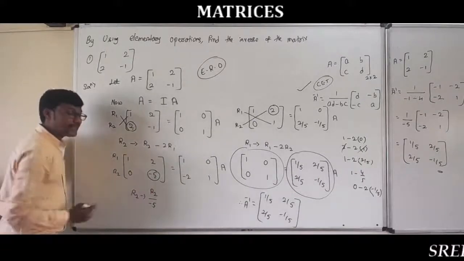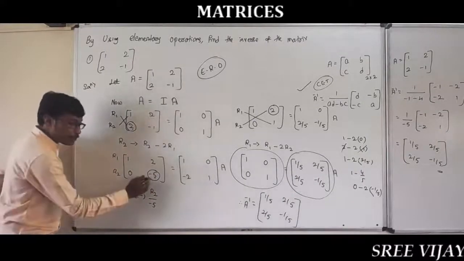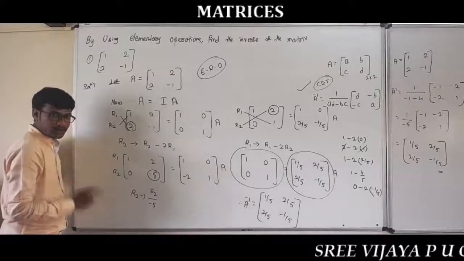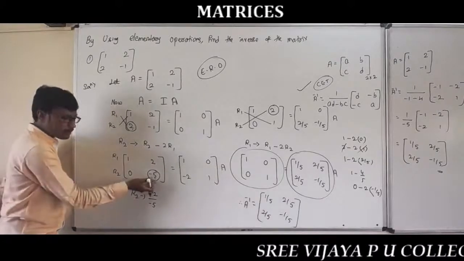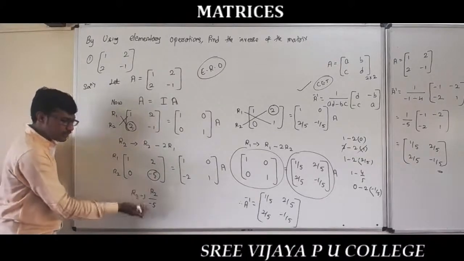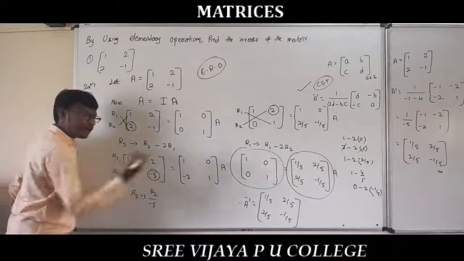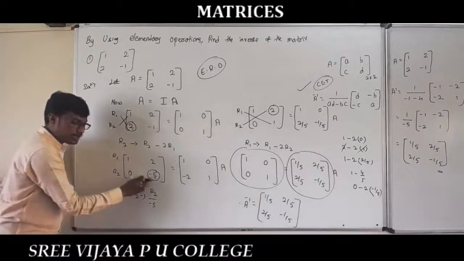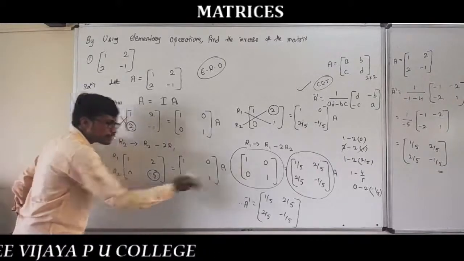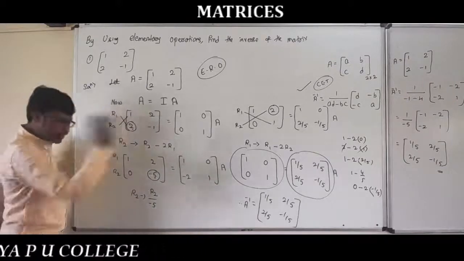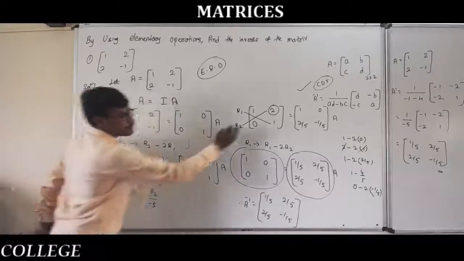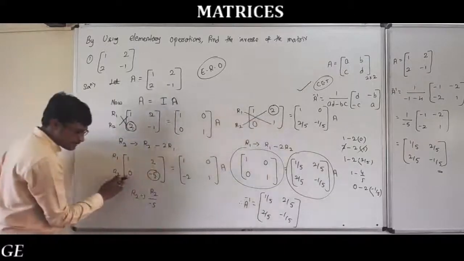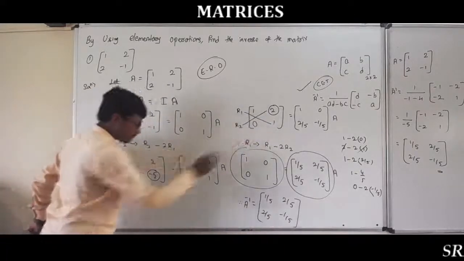Now the second element of R2. To make it a 1, you can divide by the same number, that is minus 5, in R2. R1 stays as it is, and R2 we divide by minus 5, not only this element but all the elements of R2, on the left as well as on the right. 1 2 1 0 as it is. 0 by minus 5 is 0.